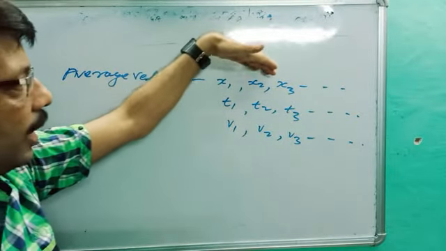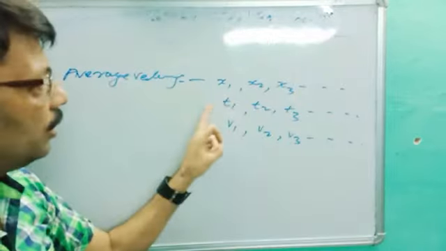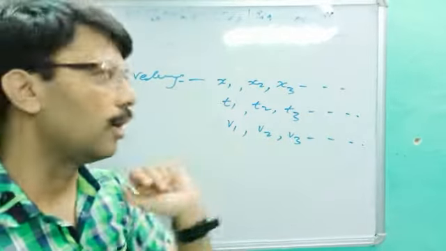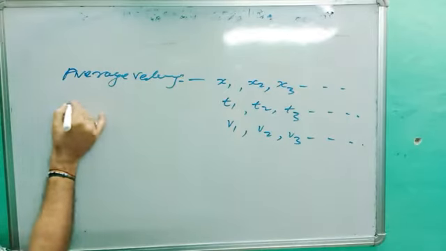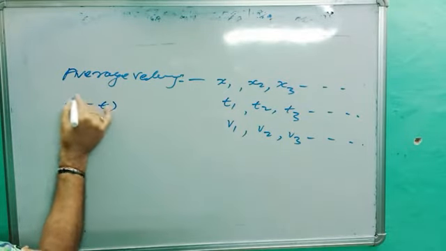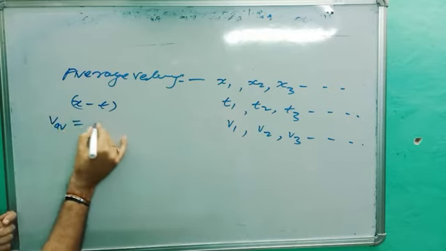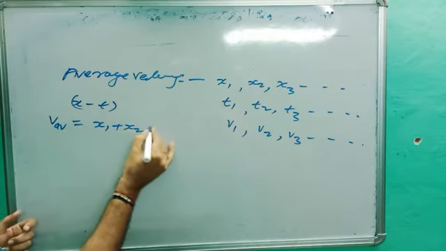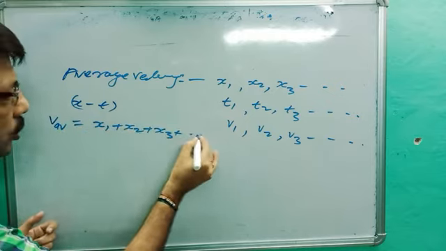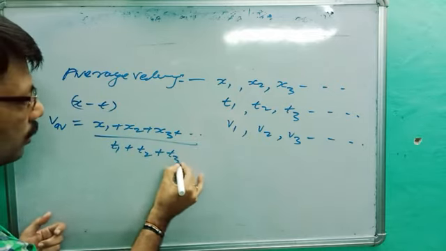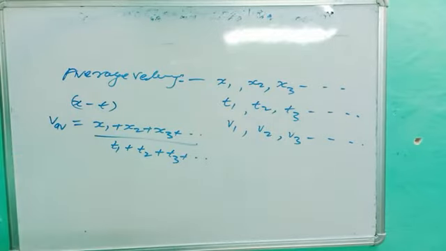So what is average velocity? Let's suppose you are given x and t, and you have to find the velocity. V average is equal to x1 plus x2 plus x3 plus so on, divided by t1 plus t2 plus t3 plus so on. This is the first formula for average velocity.